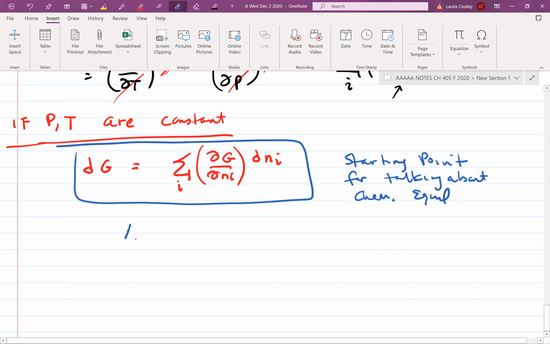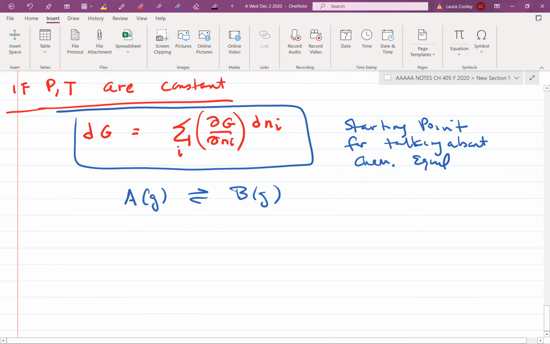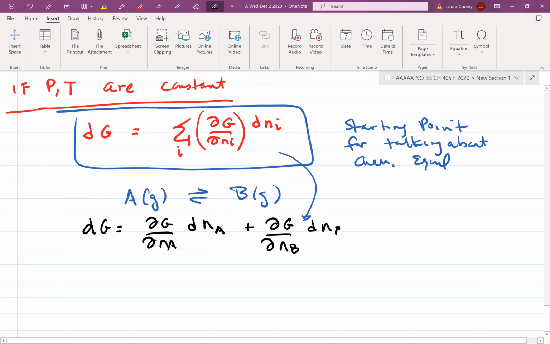So if we have our reaction like this, and we apply this, that means dG is dG/dNA times the change in moles of A, plus the derivative with respect to NB times dNB.